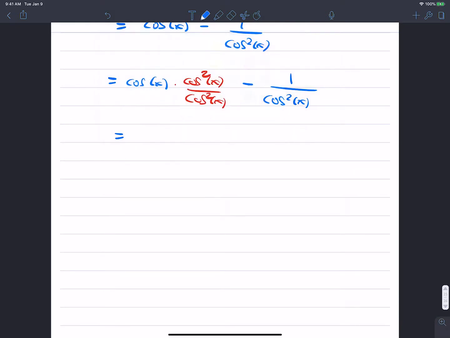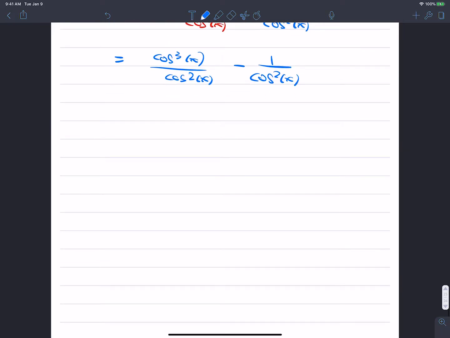Okay, so you end up with cosine cubed x over cosine squared minus 1 over what? Cosine squared. So my first derivative here is going to be cosine cubed minus 1 over cosine squared.